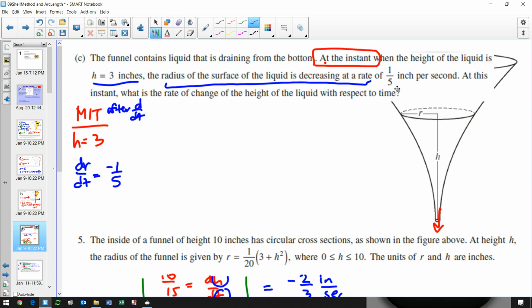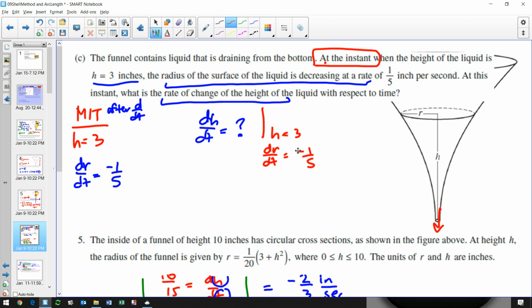And then the question goes on, it says, at this instant, what is the rate of change of the height of the liquid with respect to time? What is this in calculus talk? dh/dt. So what you're trying to find is dh/dt when h is equal to 3, and at that moment in time, you also know that dr/dt is equal to negative 1/5. Everybody get on this problem.